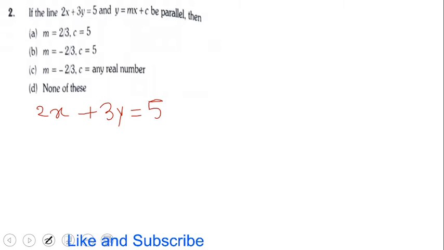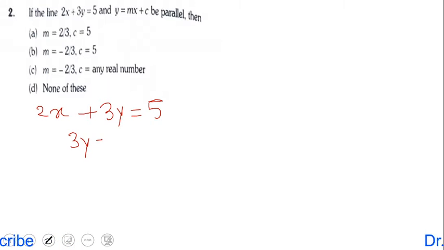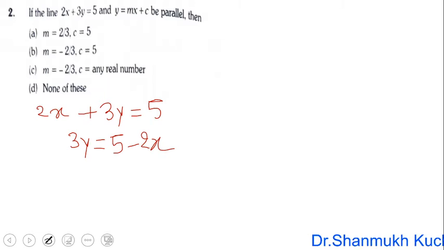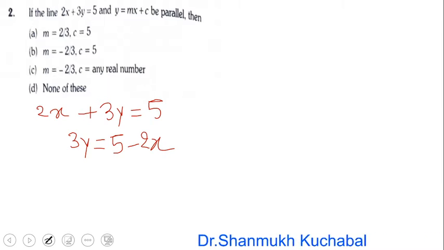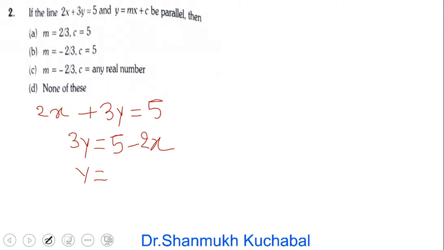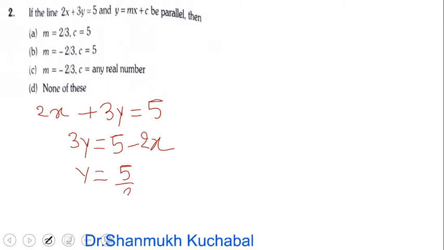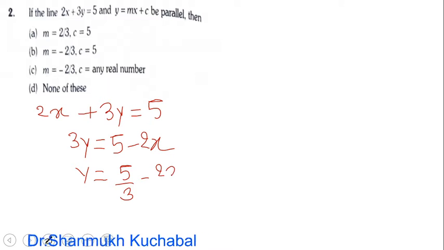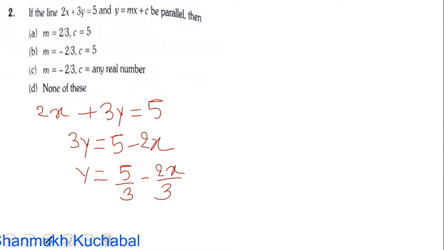So further I write the solution for y. First step, I write 3y as 5 minus 2x. Then throughout this equation we will divide by 3. So we get y as 5 divided by 3 minus 2x divided by 3.